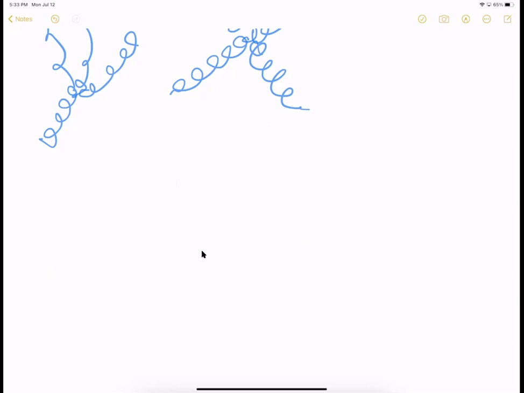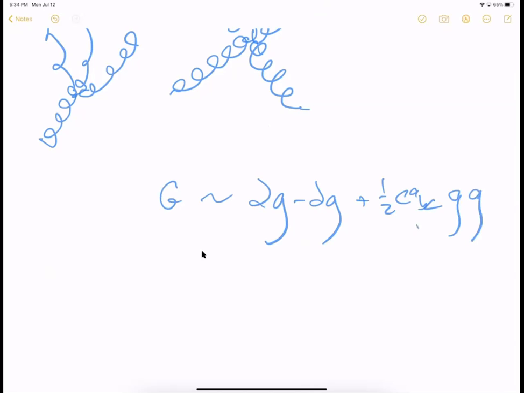The field strength is always going to be a curl of the gauge field plus a structure constant with a couple more gauge fields. Anytime you have a non-abelian field, you have this quadratic term, and when you square that with the usual Yang-Mills type action, you're going to have cubic and quartic interactions.